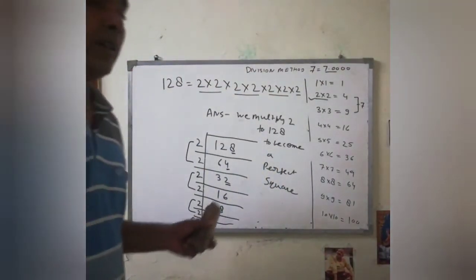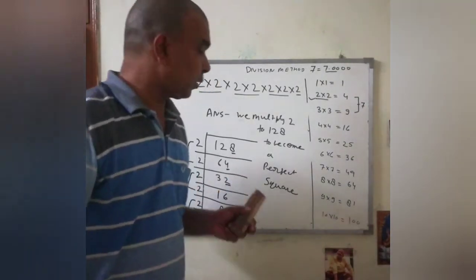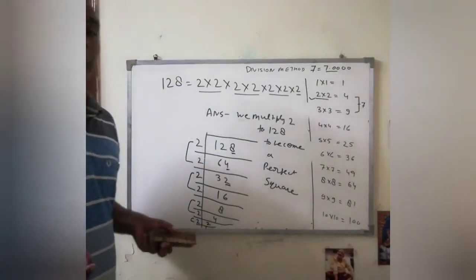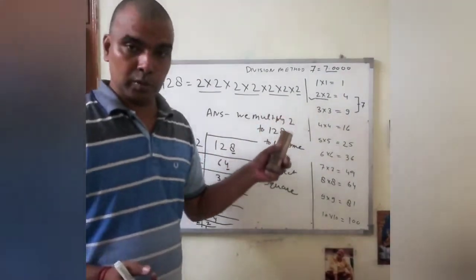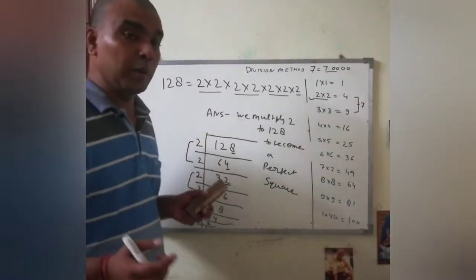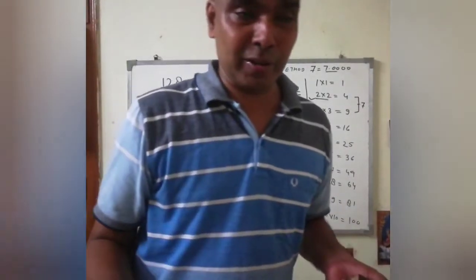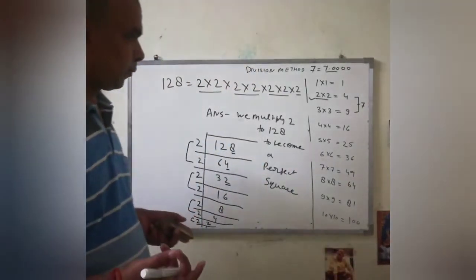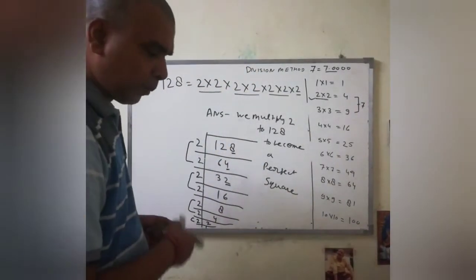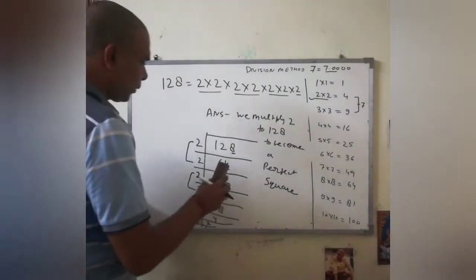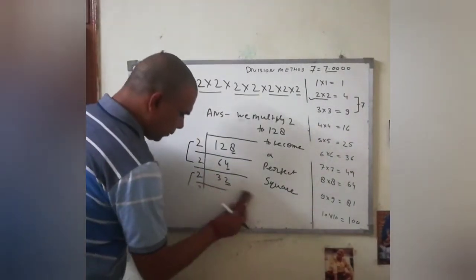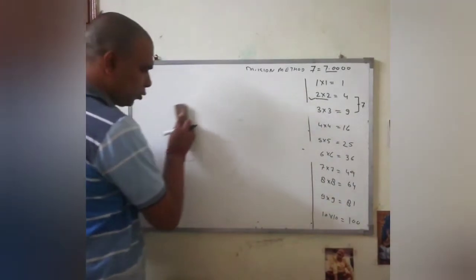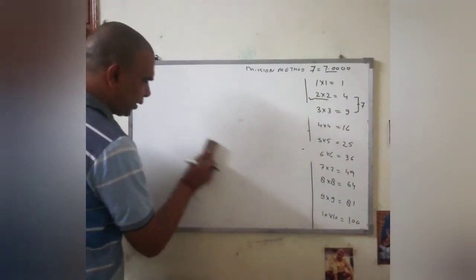Or you can say which number we can divide 128 by to become a perfect square. So the answer will be 2 also. As you divide 128 by 2, you will get 64. 64 is a perfect square. The square root of 64 is 8. Got these two types of problems. Now I am coming to the square root of 13. It's important, so you can see the square root of 13.